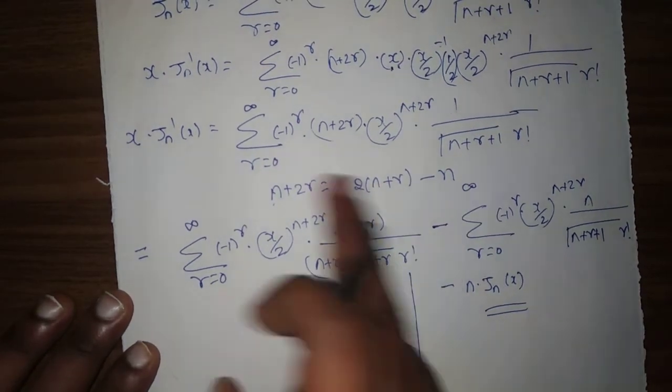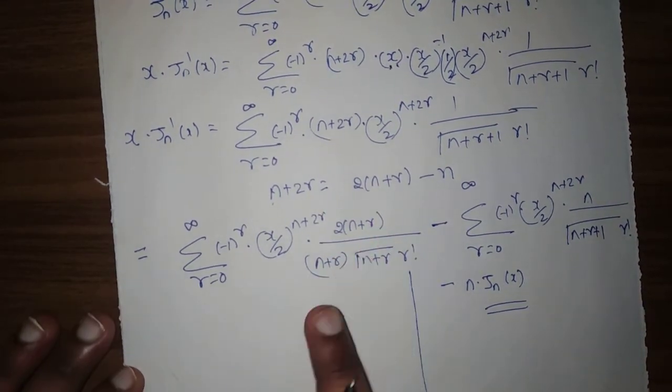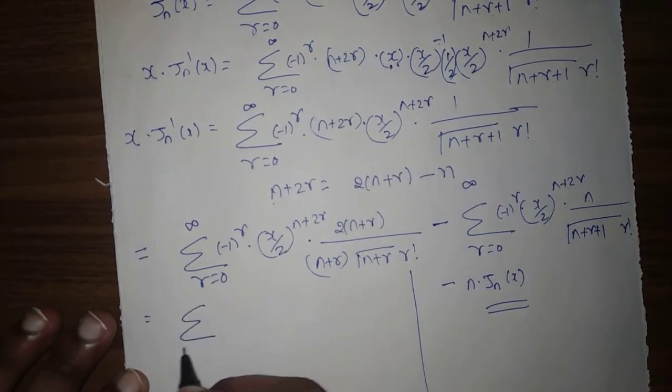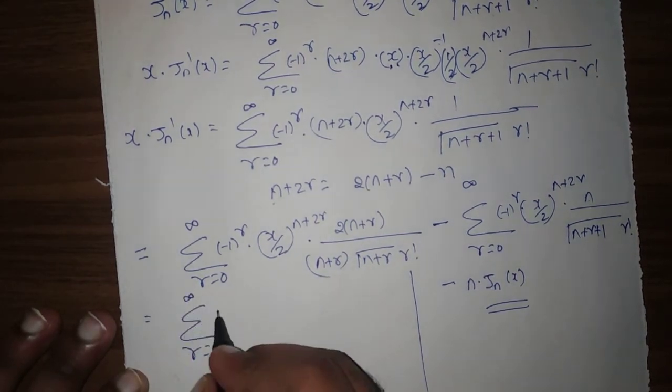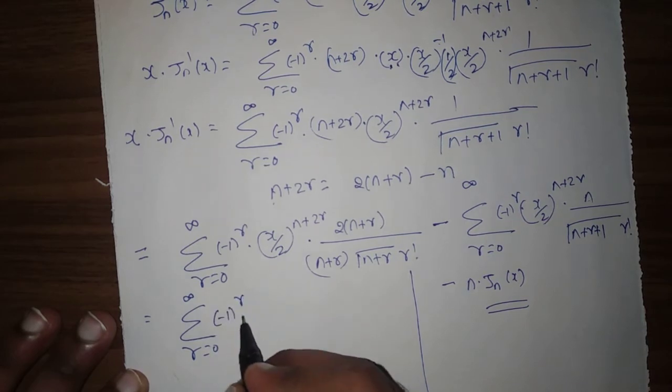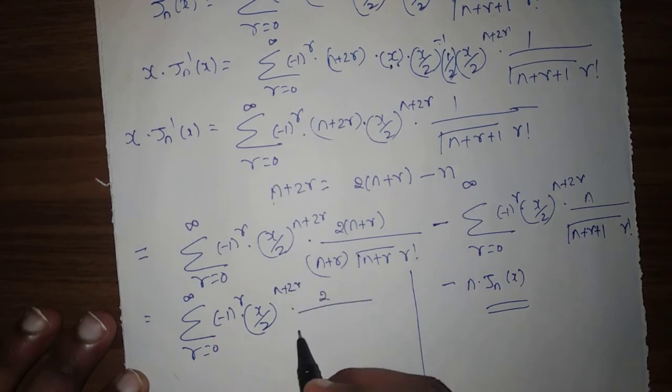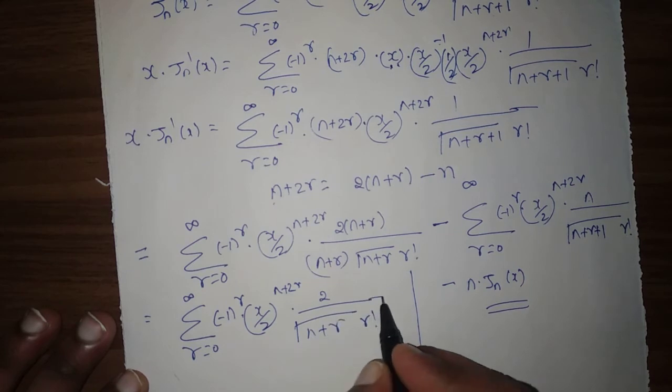Now I have to simplify this term. You know that n plus r gets cancelled. So the remaining term is r varies from 0 to infinity, minus 1 to the power of r, x by 2 to the power of n plus 2r into 2 divided by gamma of n plus r into r factorial.